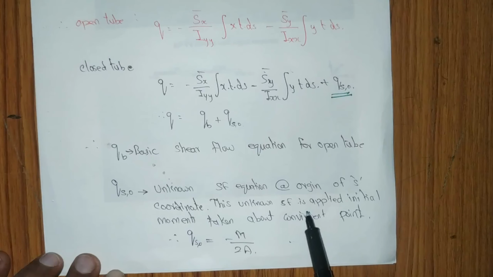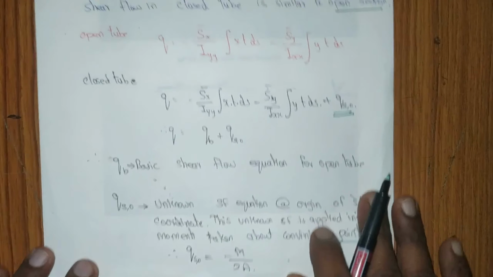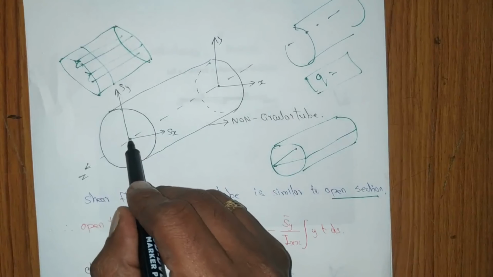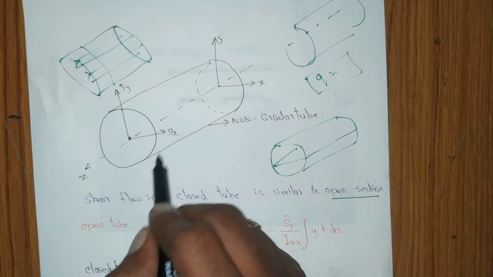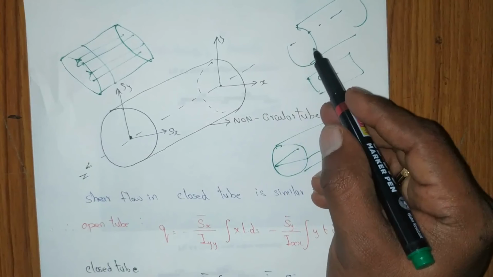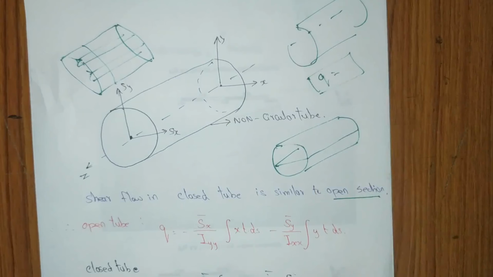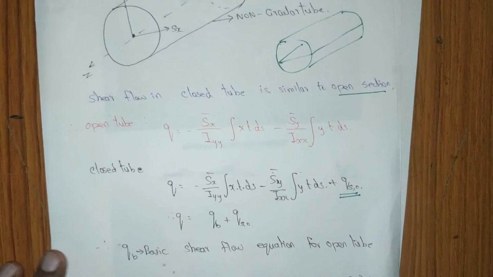This unknown shear flow is applied as an initial moment taken about a convenient point. For example, if this is your origin, you make this closed section into an open section, then you solve and get the same value, and then you replace it with minus m by 2a. I will tell you how it is coming, right?